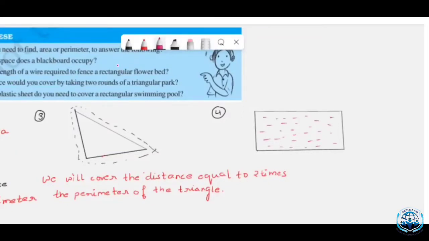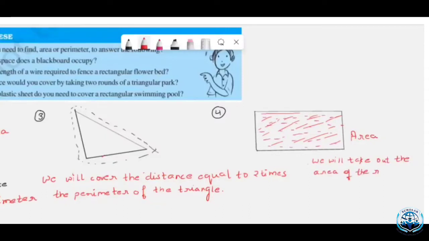We have to cover it by a plastic sheet. The whole rectangular pool should be covered. So, we need to find out the area of the swimming pool. As it is rectangular in shape, we will find out the area of the rectangle.